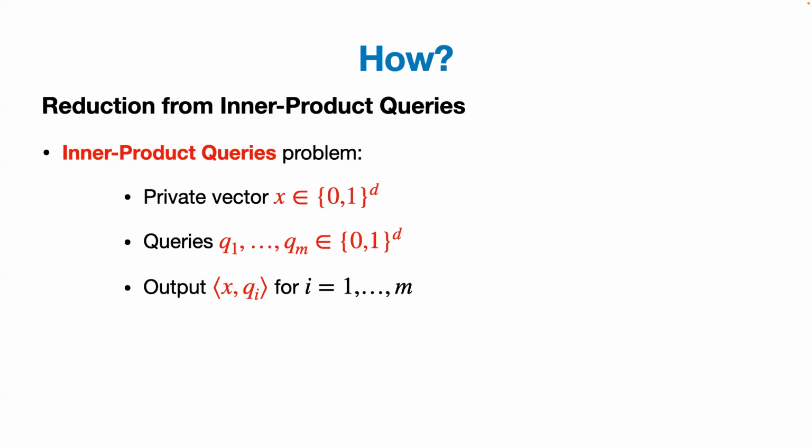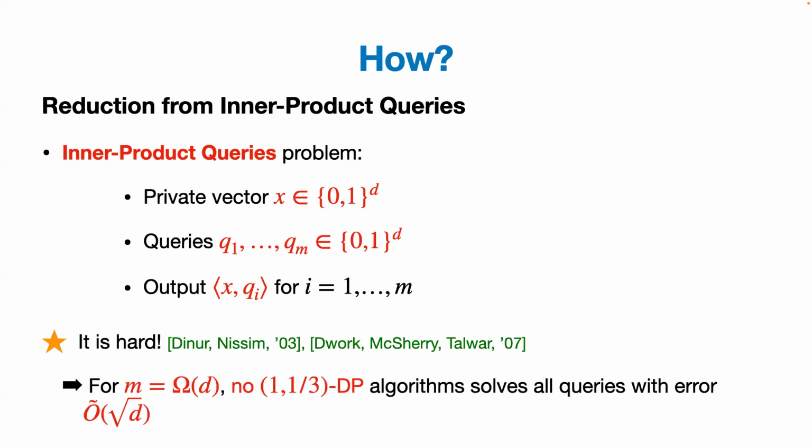The thing about this problem is that we know that it's hard, in the sense that we know that there is no differentially private algorithm with epsilon smaller than 1 and delta smaller than 1/3, which is too generous, by the way, that can answer omega of d queries with additive error O tilde of square root d. So are there any questions up to here?